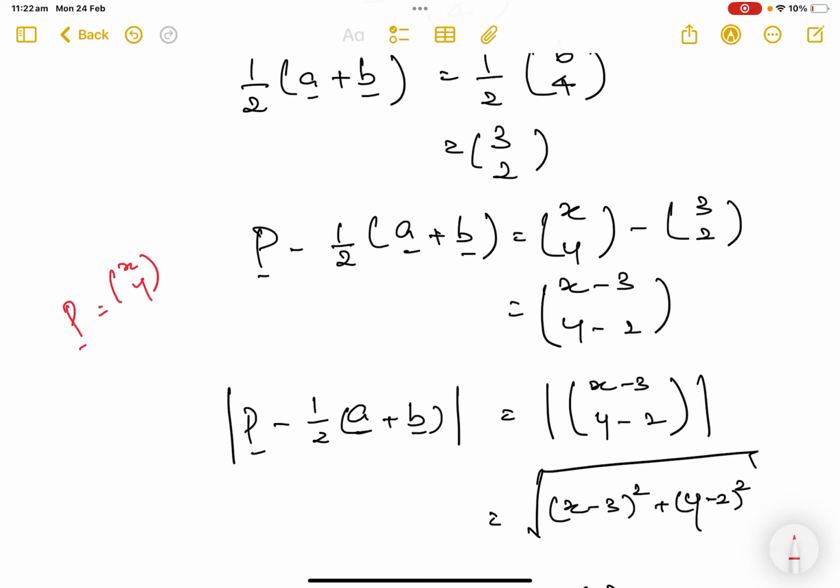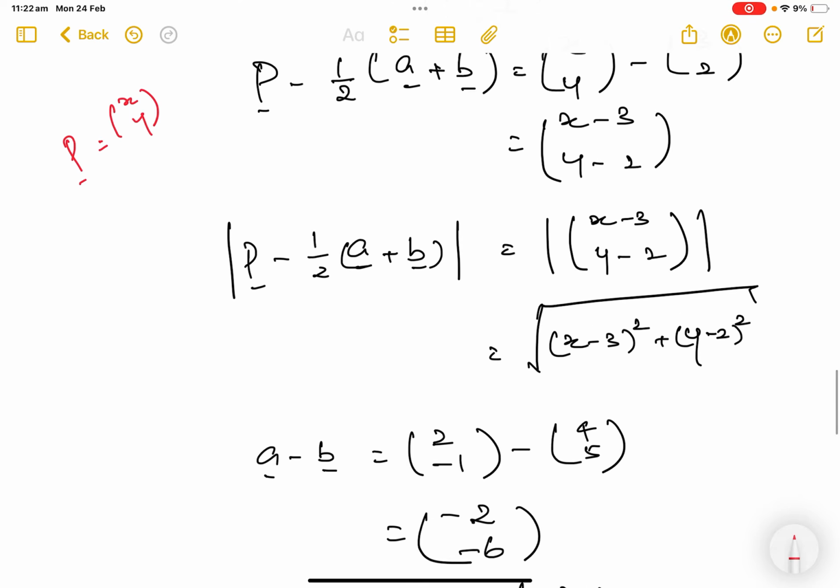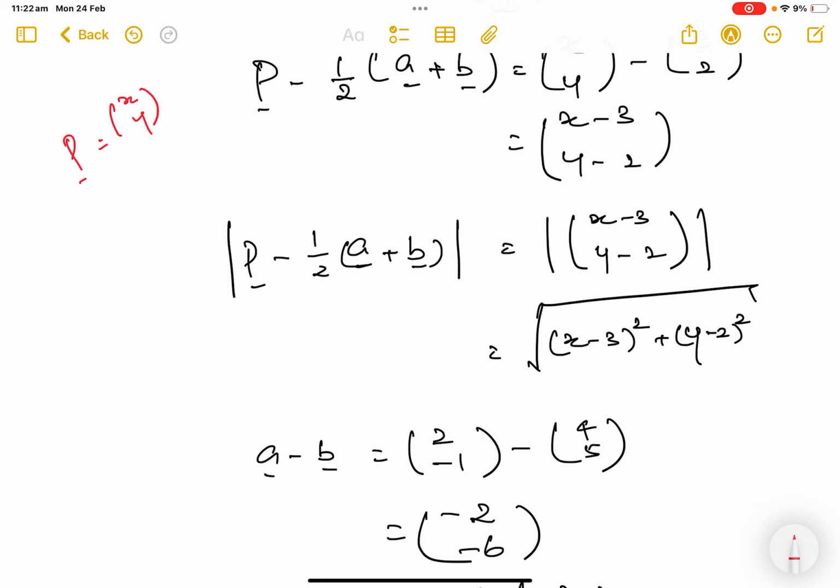Simply subtract the x and y components: x minus 3, y minus 2. That is the left-hand side, again a vector. So the modulus of that is equal to the modulus of the right-hand side.